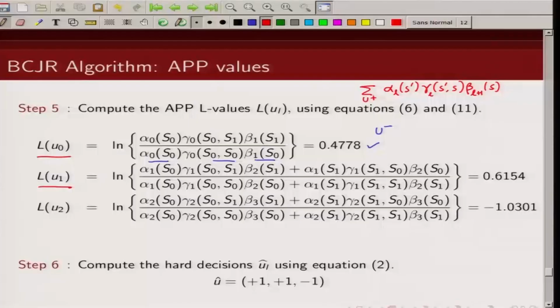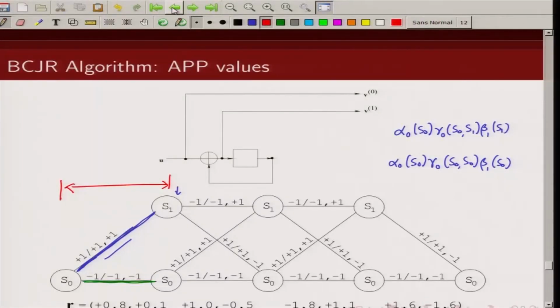For the second time instance, we are interested in estimating our information bit. So, we are now looking at this time instance. What are the transitions corresponding to UL being plus 1? One of them is this, when you go from S 0 to S 1, and another transition is this one.